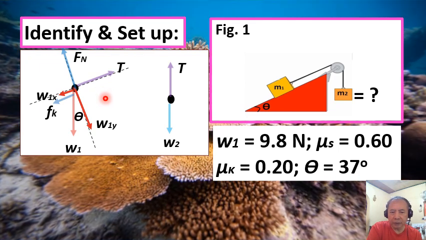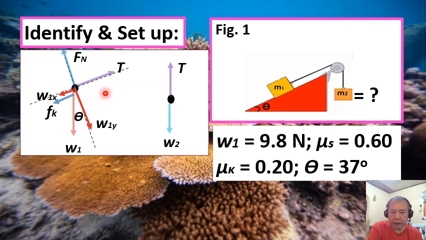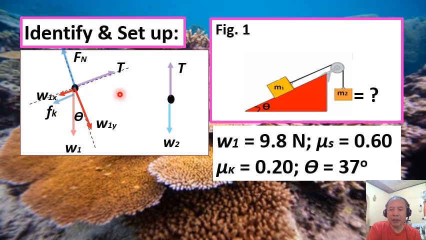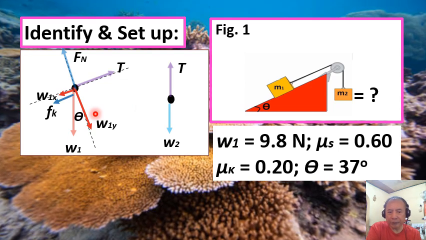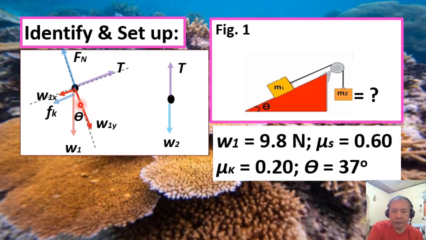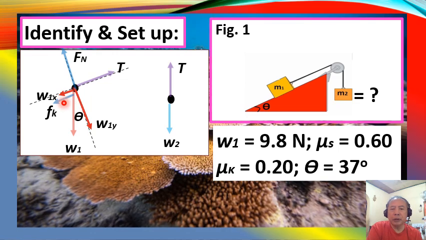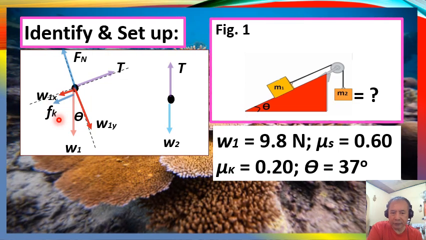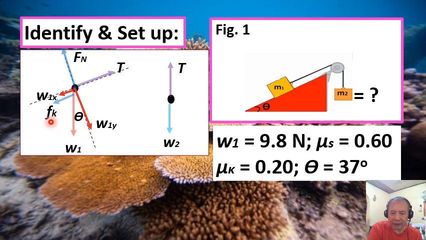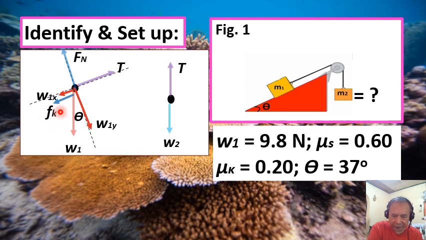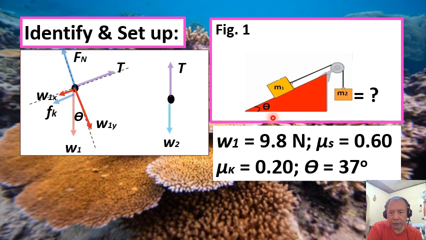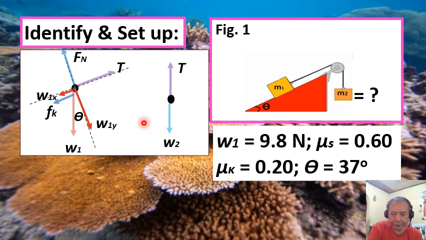Friction, by definition, always opposes the motion. That's why this kinetic friction on m1 is directed down the incline. We label it here as F sub k, the force of kinetic friction exerted on mass m1.